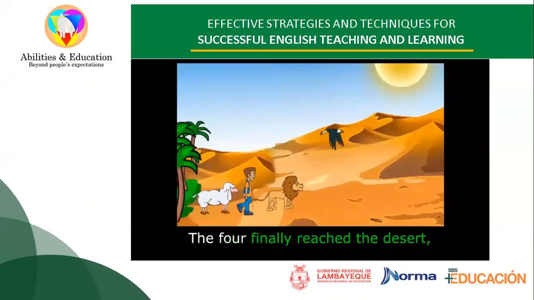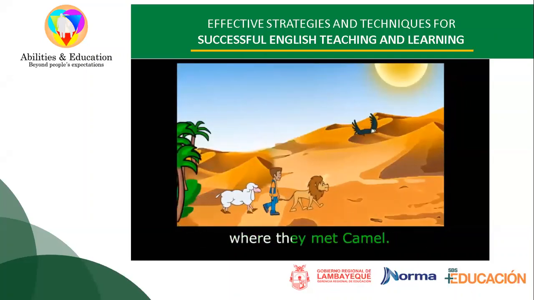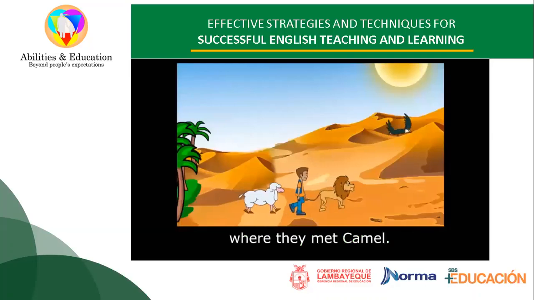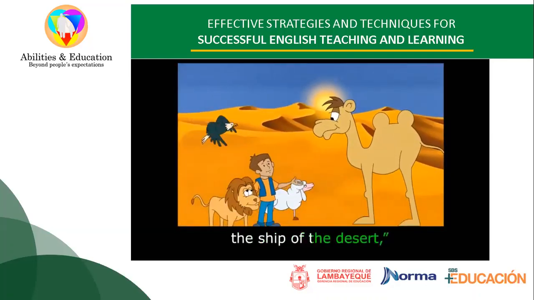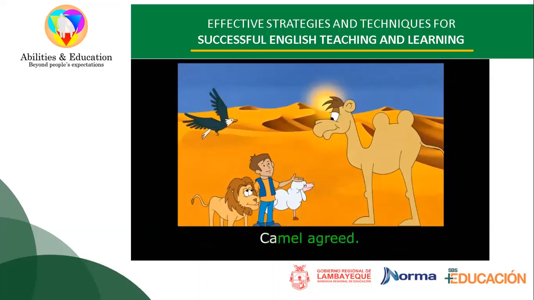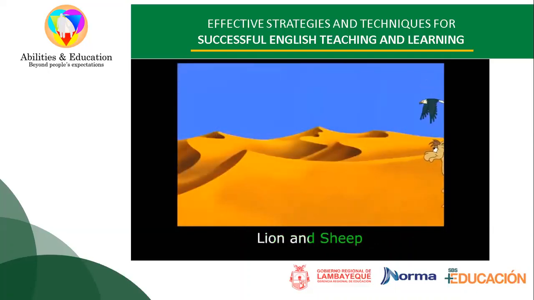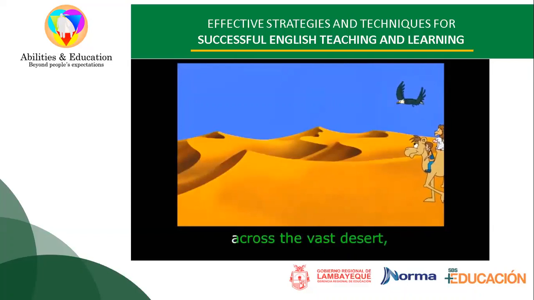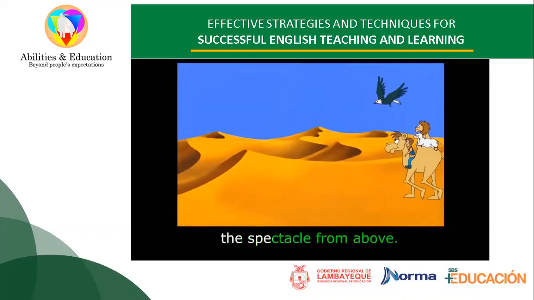The four finally reached the desert, where they met Camel. You are called the ship of the desert, said Peter to Camel. Will you help us get across and join the treasure hunt too? Camel agreed. Peter, Lion, and sheep mounted the camel and set off happily across the vast desert, with Eagle enjoying the spectacle from above.